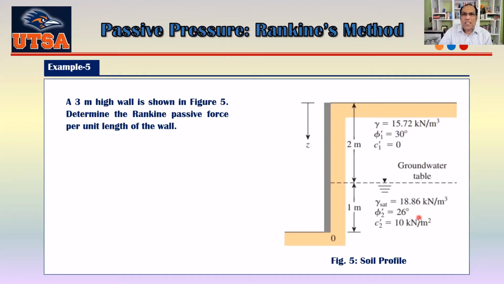Okay. Once again, for Coulomb's method, you have to find your Kp, the coefficient of passive force, using a bigger equation. I already posted that in the Excel file so that you can calculate your passive pressure quite easily. They also have a table for that, but phi prime 26 is not given there.